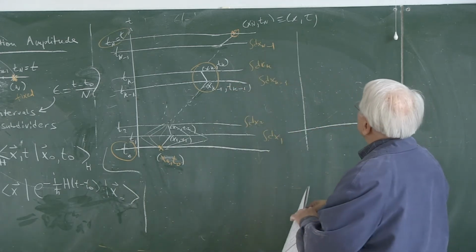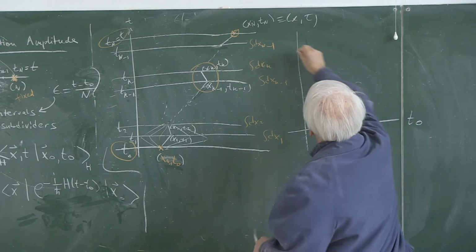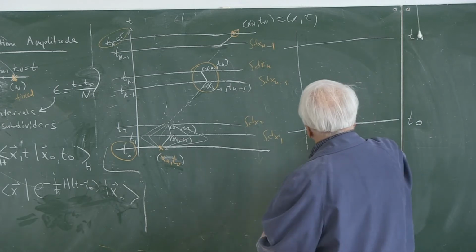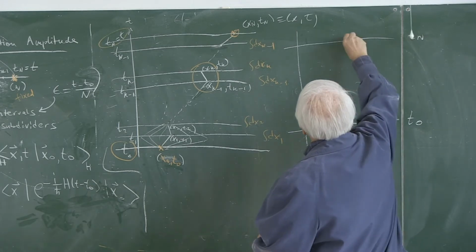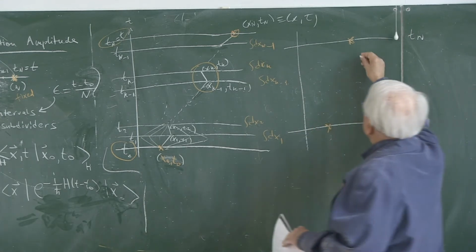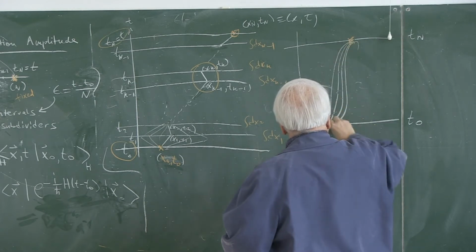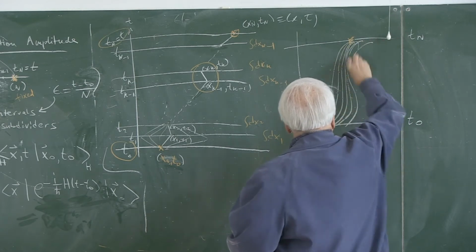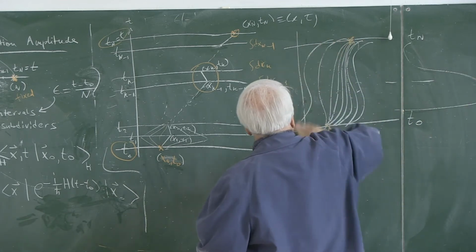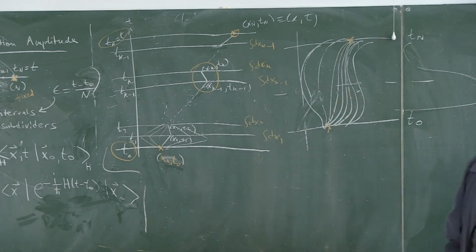So at the end of the day, what is happening is that if you really plot that picture from here to there, this is the t0 time axis, and this is the tn time axis, and that's the initial point which is fixed, and that's the final point which is fixed. And what are all the possible paths? You see what I mean?